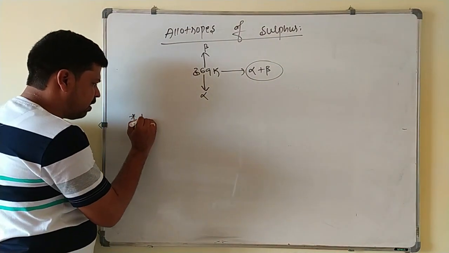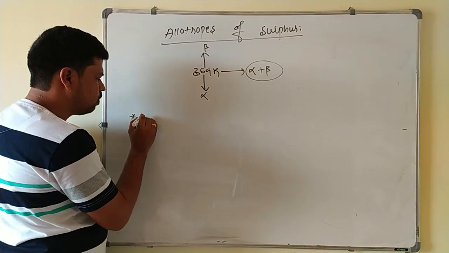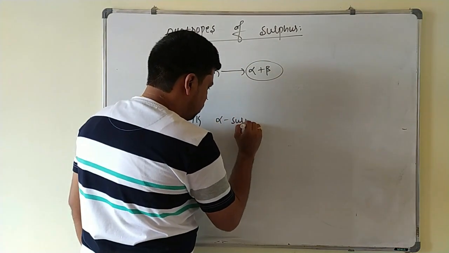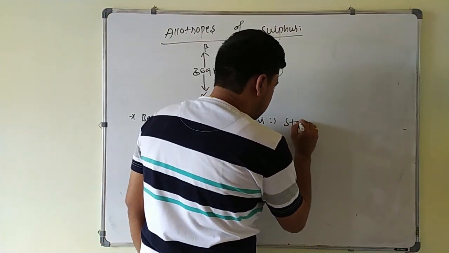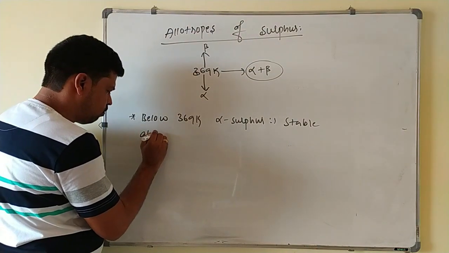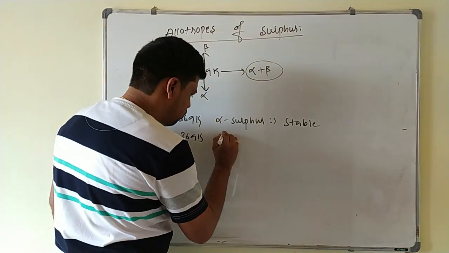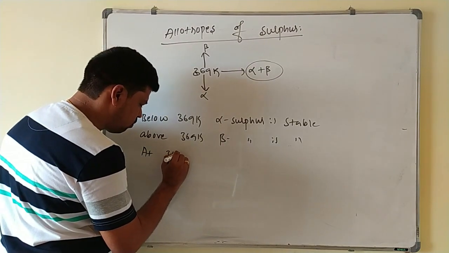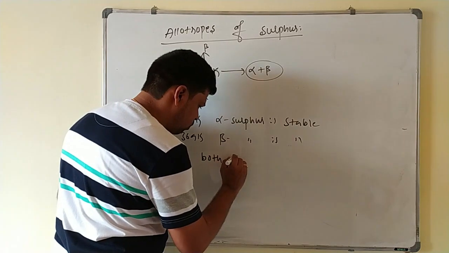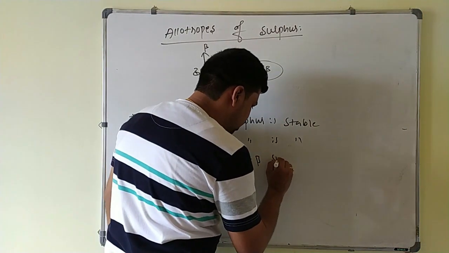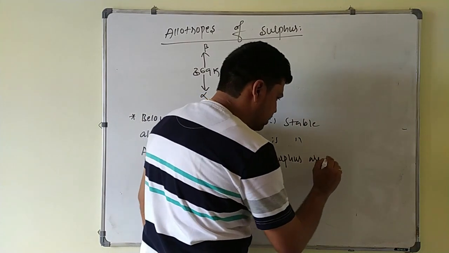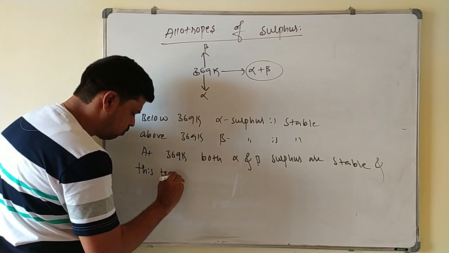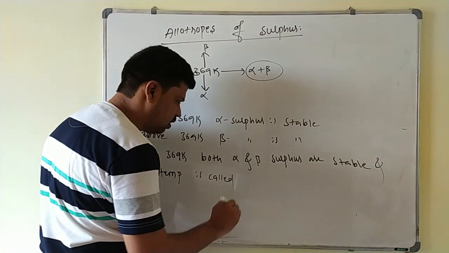That's why I'll write one point. Below 369 Kelvin alpha sulfur is stable, above 369 Kelvin beta sulfur is stable, at 369 Kelvin both alpha and beta sulfur are stable, and this temperature is called transition temperature.